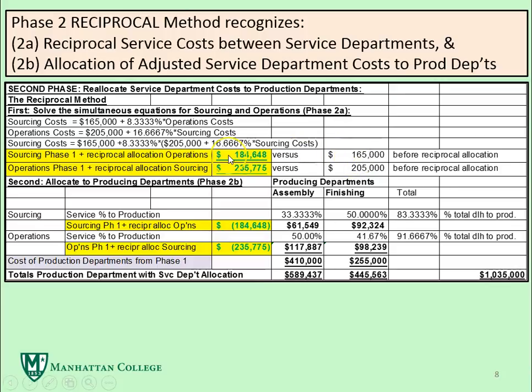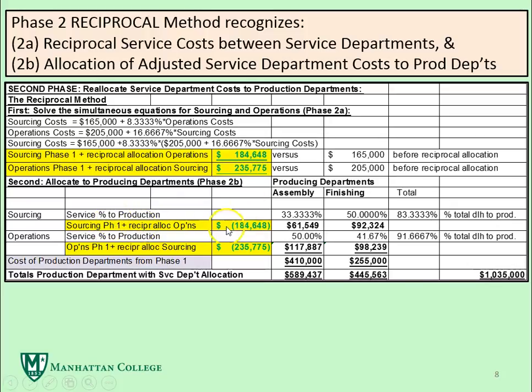So now the sourcing department has a share of the operations department cost. The operations department has its cost from phase 1 plus a reciprocal allocation from the sourcing department. So instead of having $205,000 in phase 1, it has a share of the cost from the sourcing department, increasing it to $235,000. So first, solve the simultaneous equations to get the adjusted amount for sourcing and operations, taking into account reciprocal allocation.